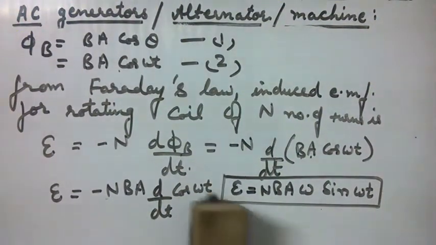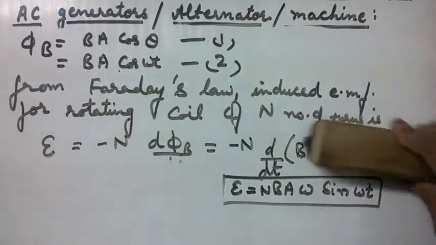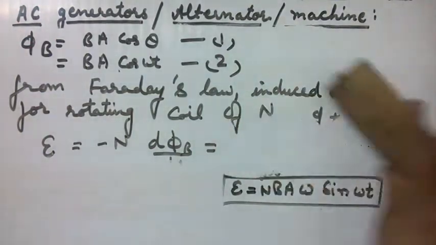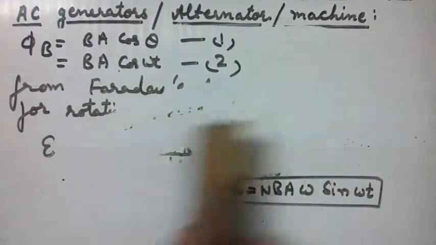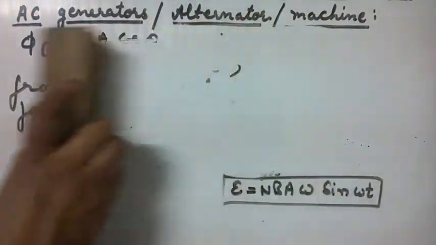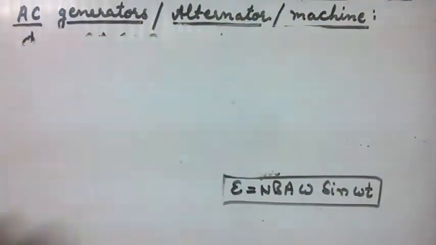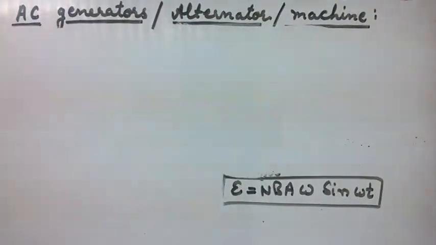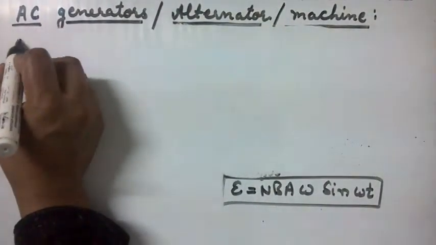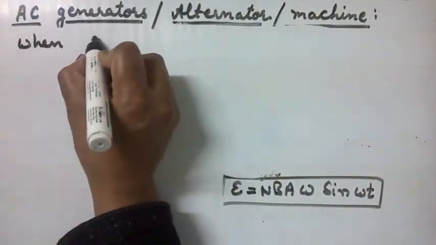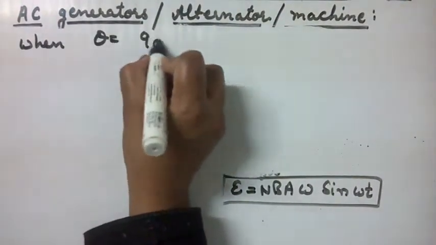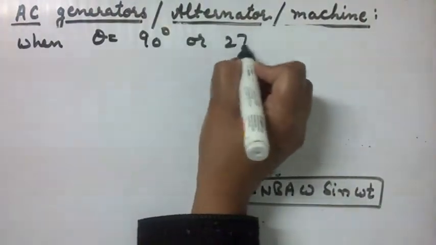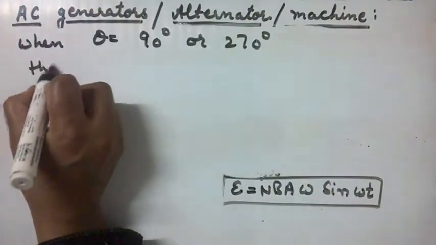Also we can write that if theta is equal to 90 degree or 270 degree, then induced EMF will be maximum, that is, sine theta is equivalent to plus 1 or minus 1.